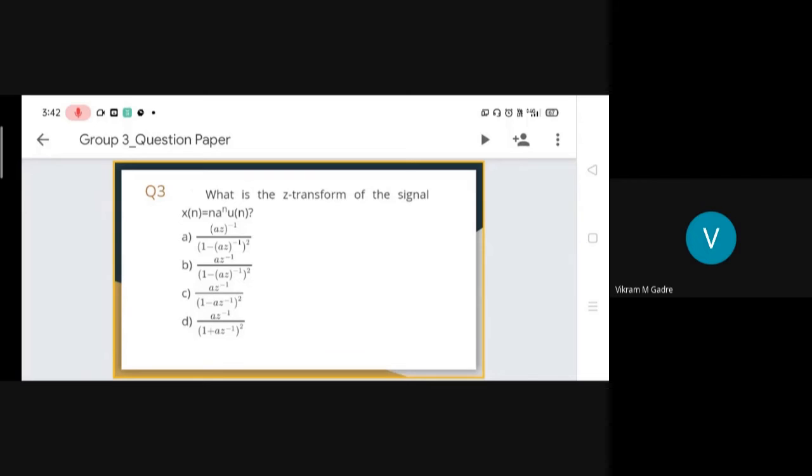Multiplication in the time domain is equivalent to differentiation in the Z domain. So using that property, we can easily solve. I think people can solve it because they can use the differentiation property of the Z transform.